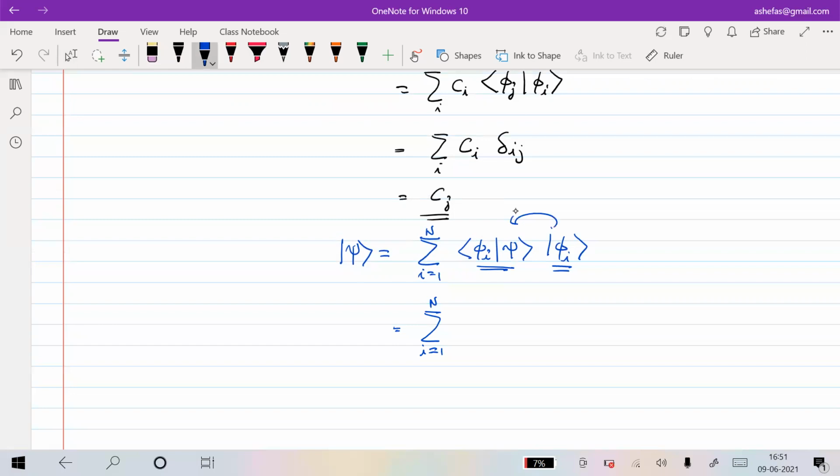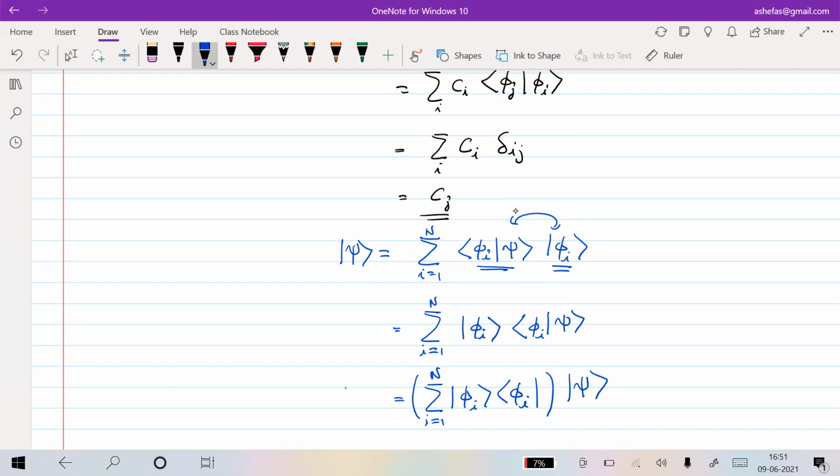Now we can interchange these two, there is no issue. So we can write this phi i first, then we can write the phi i psi. Okay, now just simplify this: sum over i equal to 1 to n phi i phi i times psi. Left side is psi and right side also we have a psi.